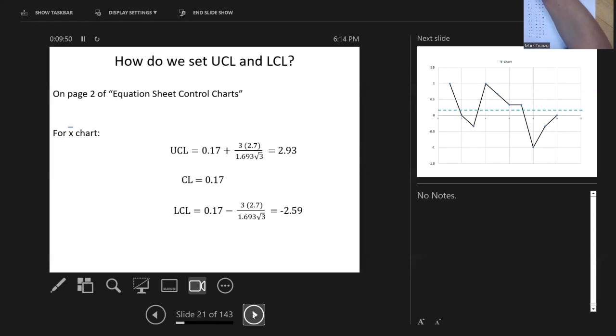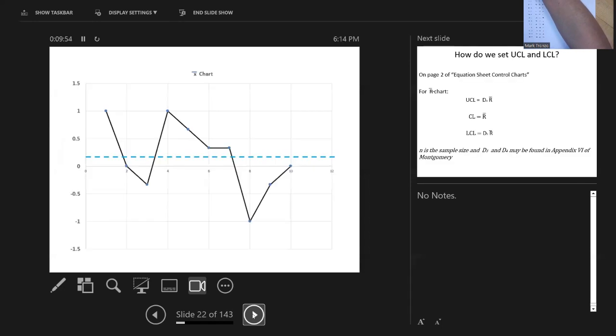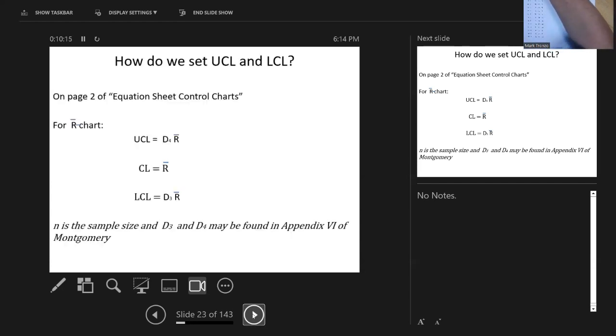Actually, our values came well within these, so our upper and lower control limits are way off the chart, so we don't even need to consider them because it looks like our process is well in control. Just the center line is shown here. That dotted line is the center line, but our lower control limit and upper control limit are way out there. So at least on this one, our chart looks pretty good.